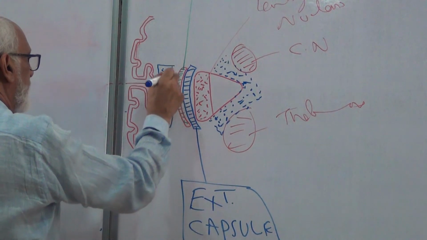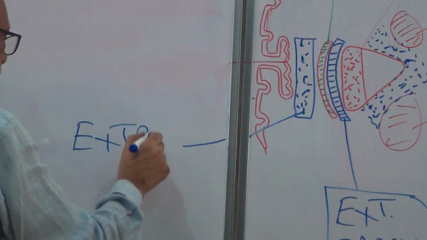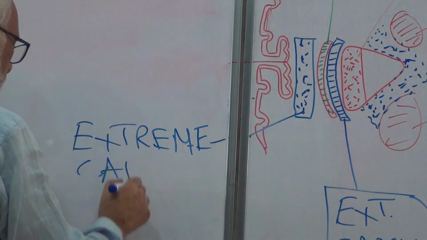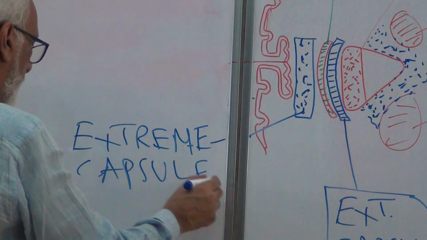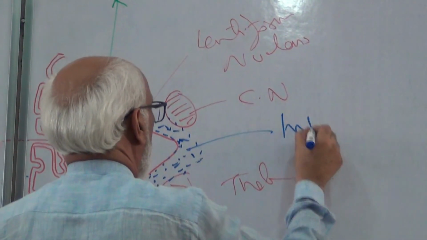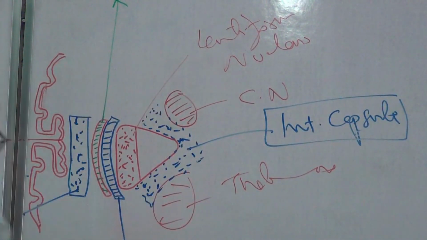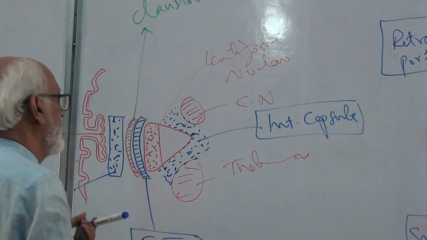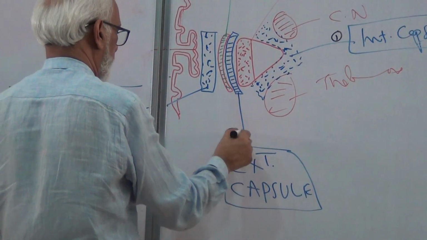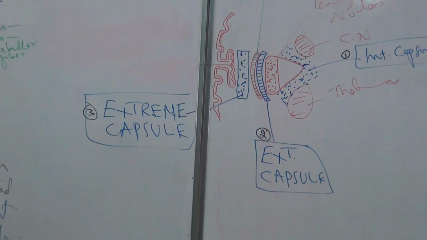This is known as the extreme capsule. So we finished with the internal capsule, then there is the external capsule, and then there is the extreme capsule. All are bands of white matter.